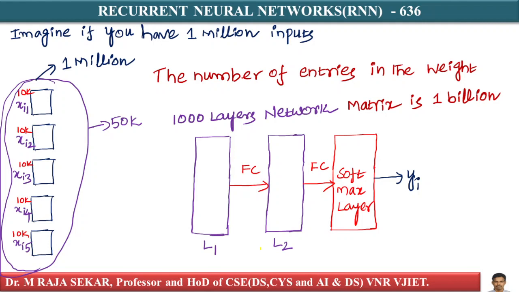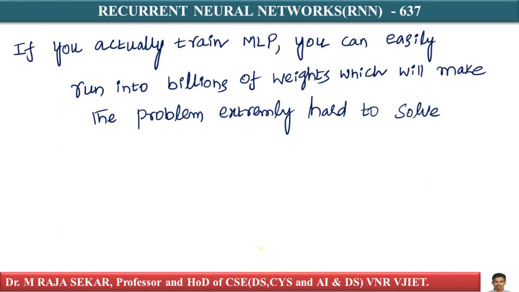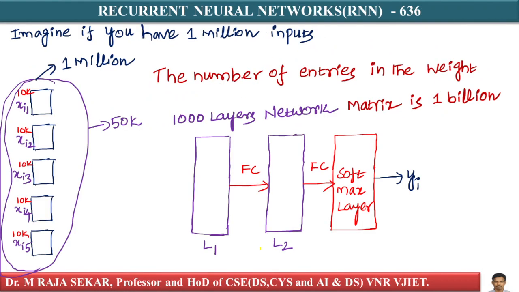So 1 million into 1000 neurons means I will get almost 1 billion. Imagine training a network with 1 billion weights, it will just eat up all of your time. And I'm not cooking up this example.